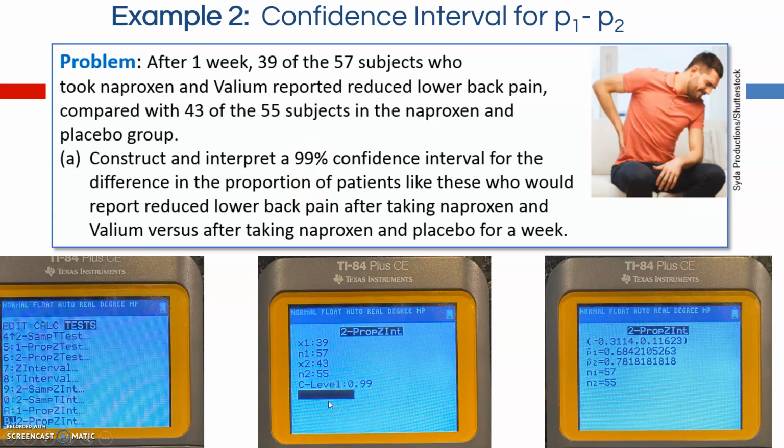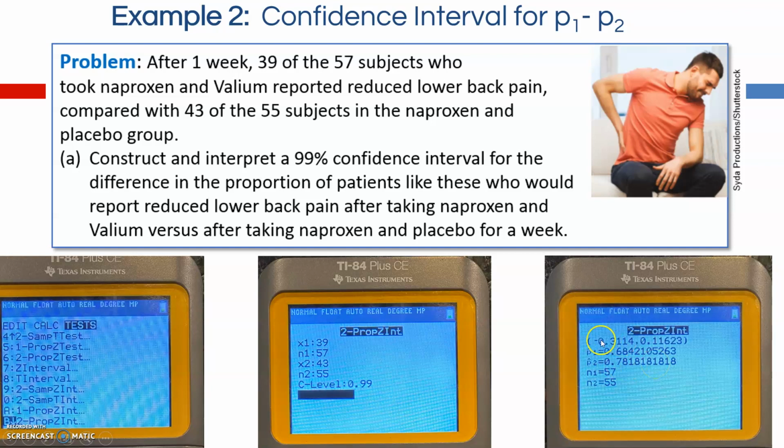And then you are going to hit the calculate button, and you will see this interval, that difference between those two proportions, get calculated for you very quickly. And you should see your p hat sub 1 appears here, and your p hat sub 2 appears here.